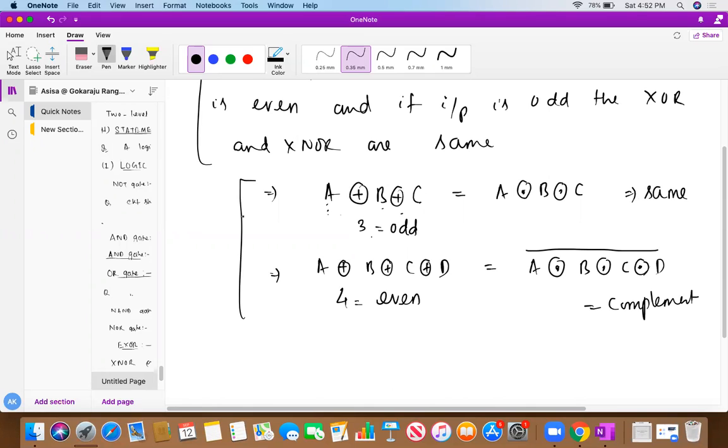If the number of inputs is odd, then A XNOR B XNOR C is equal to A XOR B XOR C. If there are 4 inputs, meaning an even number of inputs, then A XOR B XOR C XOR D is the complement of A XNOR B XNOR C XNOR D. Both are complements of each other if the number of inputs is even. If the number of inputs is odd, then XOR functionality is equal to XNOR functionality. Very important concept, students.